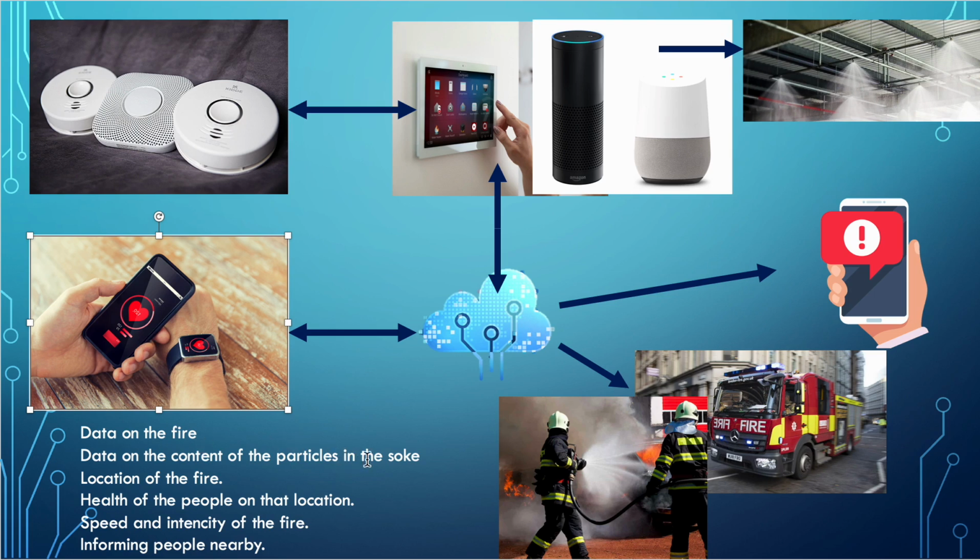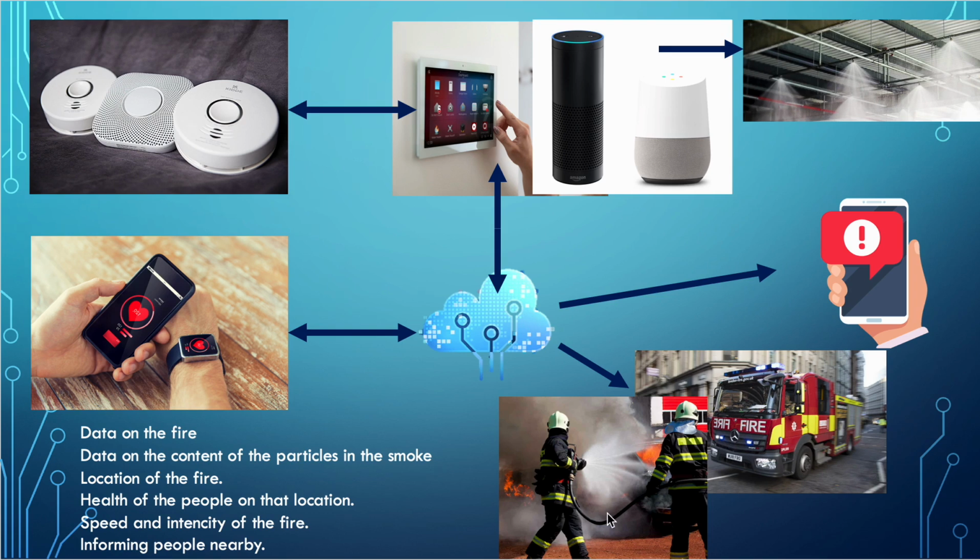Right? So that is the main point that needs to be taken: how an IoT system can be more effective in suppressing a fire rather than going through manual means. So this is a very good example and application of IoT.